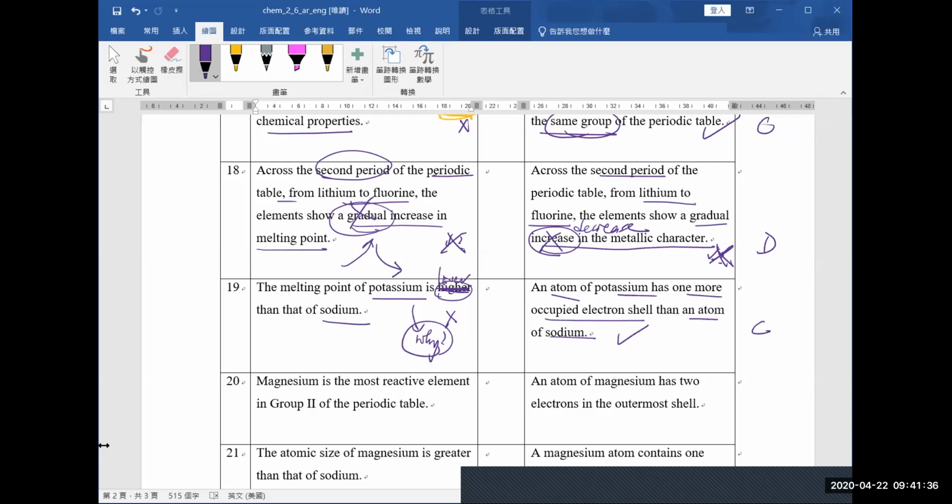Yes, something about strength of metallic bond. So what is the difference? What is different? We've got three factors to consider, right? The number of delocalized electrons released per metal atom, the size of metal cations, as well as the charge.